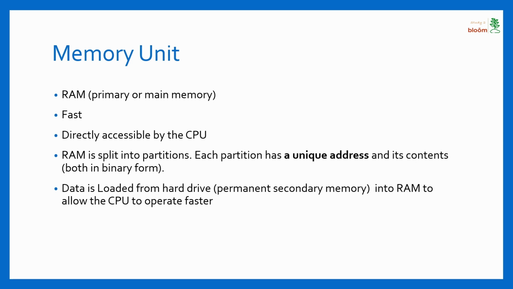It is split into partitions. Each partition has a unique address and the content is in binary form. So the data is loaded from the hard drive or any other permanent secondary memory into RAM so that the CPU can access it fast.